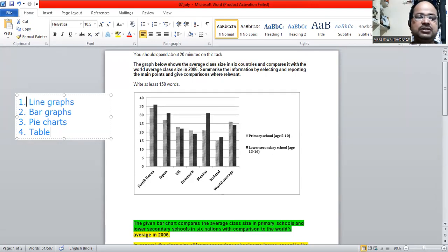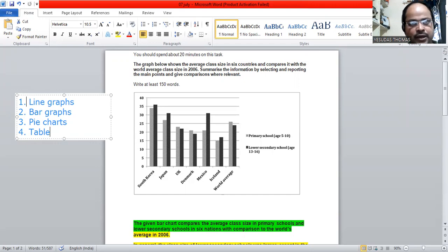All these types of language, doubled, halved, tripled, are related to statistical information. Whenever we go with data and convert it into statistical information, we have these things.